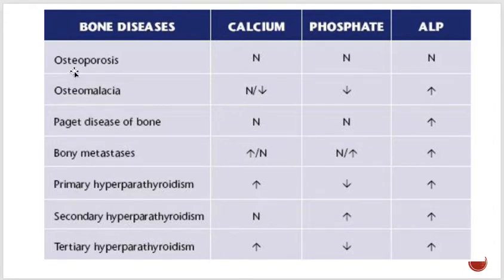Now you will see in osteoporosis, all the things are normal. Okay. The calcium is normal, the phosphate is normal, the ALP will be normal as well. So why are these three things normal? Because osteoporosis is reduced bone mass. Basically, there is no reduced mineralization, so these things will be normal.